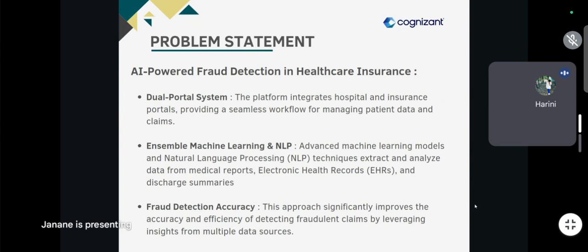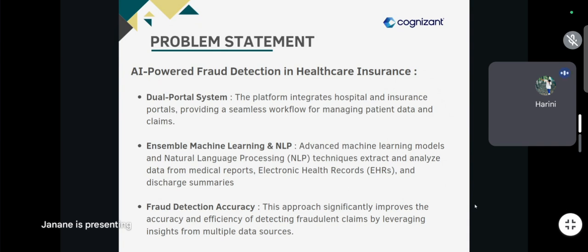We are using OCR, extracting the text from the image and feeding it to our model. The main thing is we are directly collecting the data from the patient and using it for fraud detection.